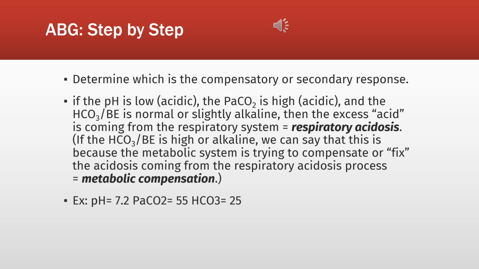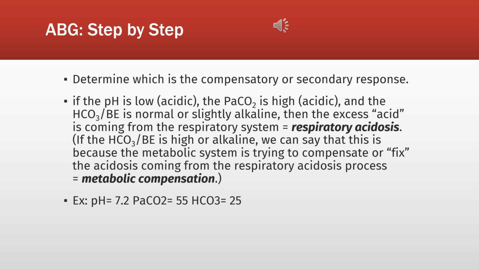So here I've basically copied and pasted this straight from the notes. So we'll look at this one and we'll determine where the compensatory or secondary response is coming from. So if the pH is low or acidic, the PaCO2 is high, also acidic, and the HCO3 or base excess is normal or alkaline, then the excess acid is coming from the respiratory system.